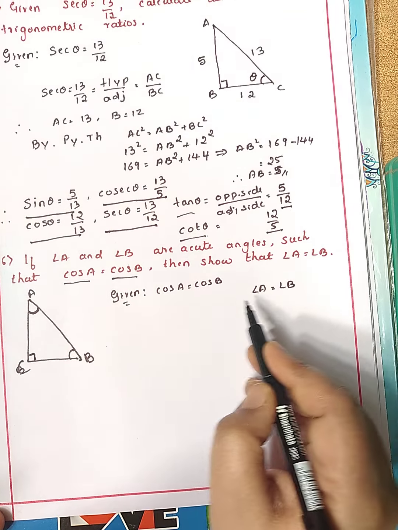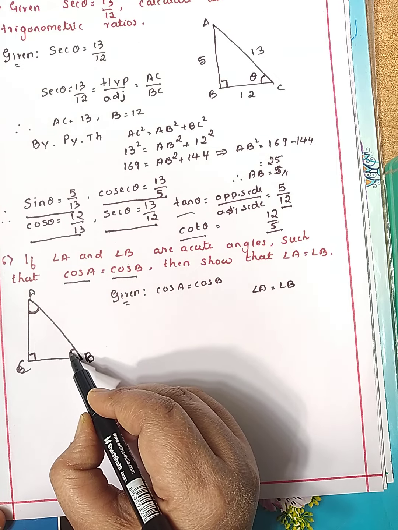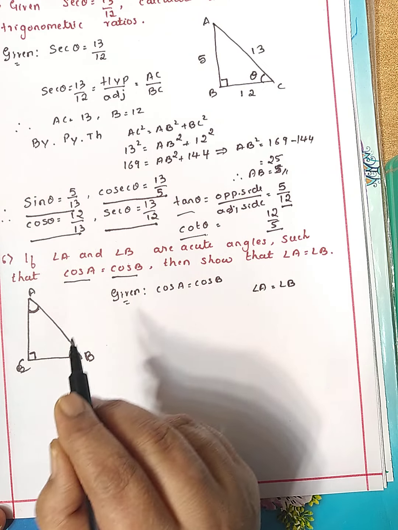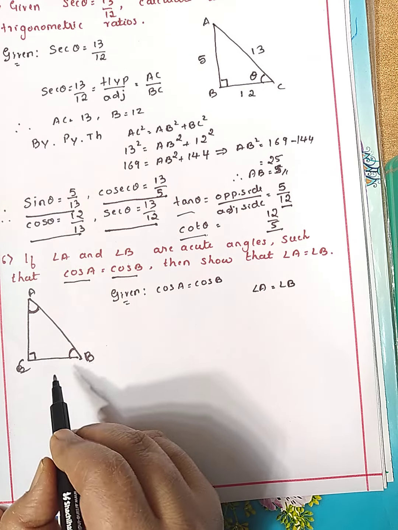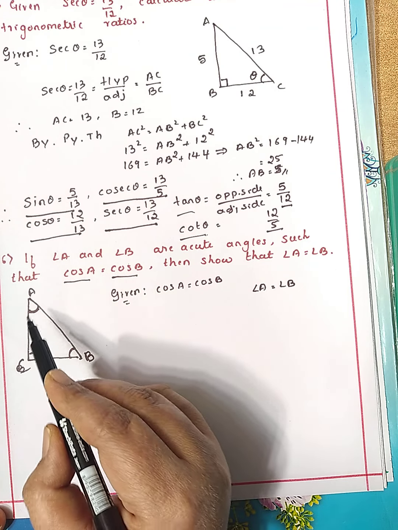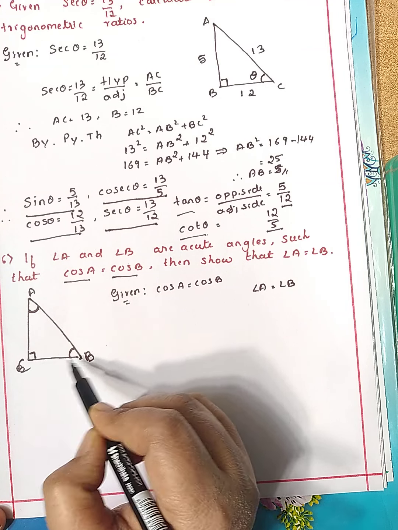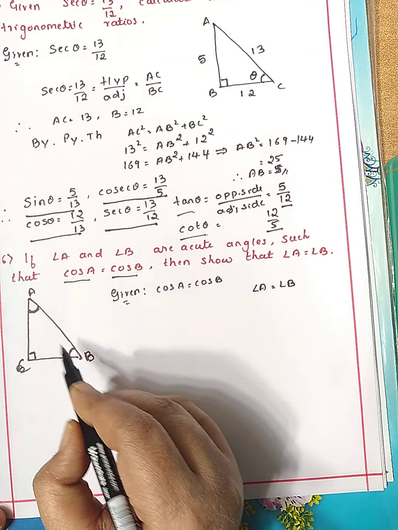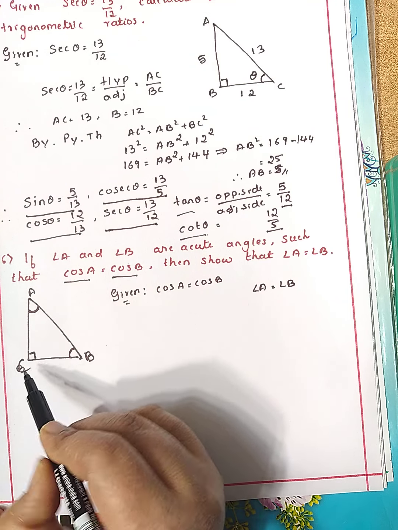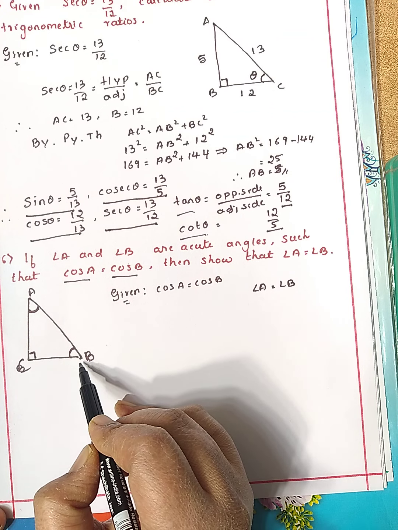Now cos A equal to cos B, and we have to prove that angle A equal to angle B. We may solve this problem by other methods, but here A and B are the opposite angles of the triangle ABC. For proving angle A equal to angle B, we have to prove that side AC equal to side BC.